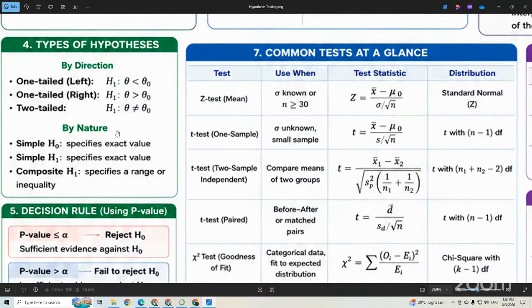By nature, we can have a simple H0 that specifies the exact value, and simple H1 that specifies the exact value. For composite H1 we specify a range or inequality. This will be more understandable when we apply it to a real problem.